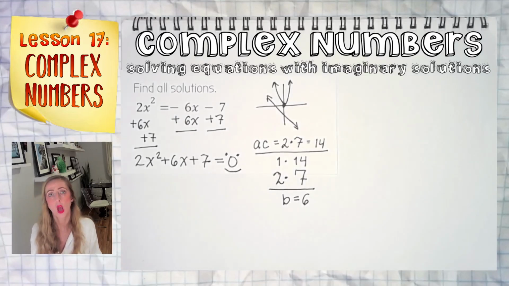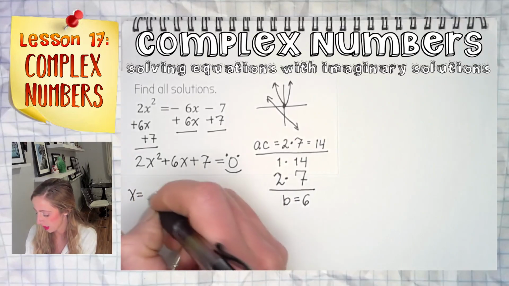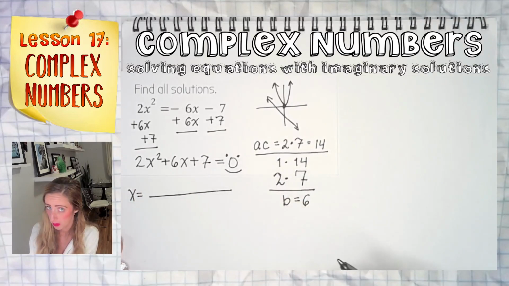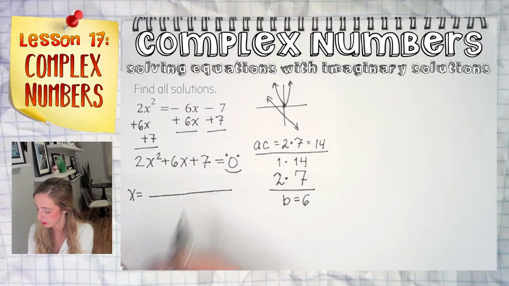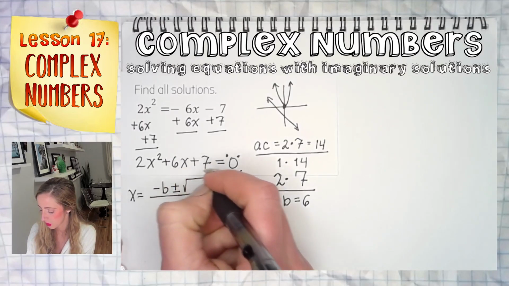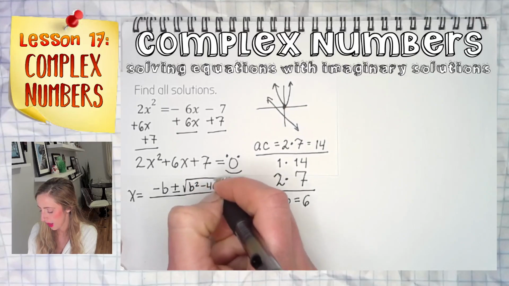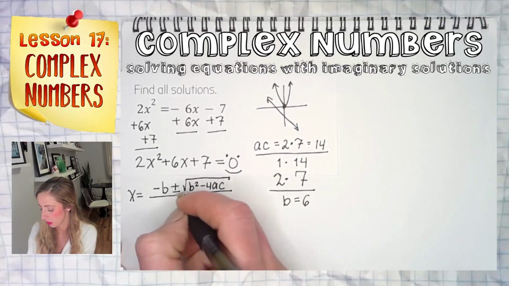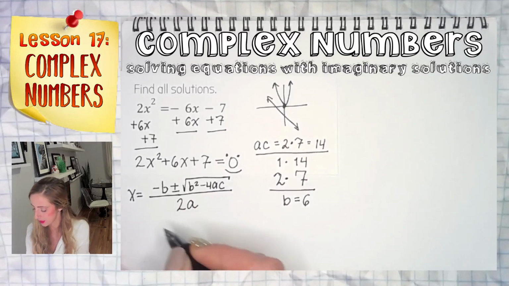So what do we need? We need the quadratic formula. If you're watching this video, you probably should write down the quadratic formula in a step before you use the quadratic formula. x equals the opposite of b plus minus the square root of b squared minus 4ac all over 2a. Now let's fill in the next step.